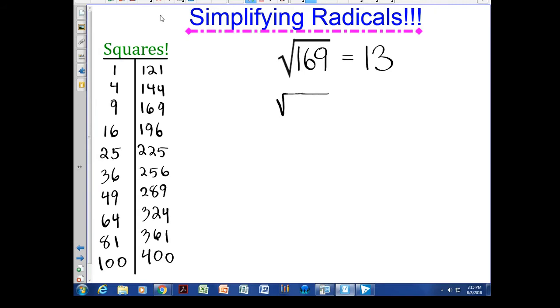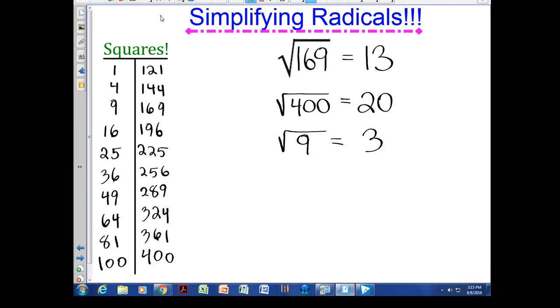So what would be the square root of 400? Well, the number that multiplies with itself to get 400 is, that's right, 20. The square root of 9, that's right, 3.